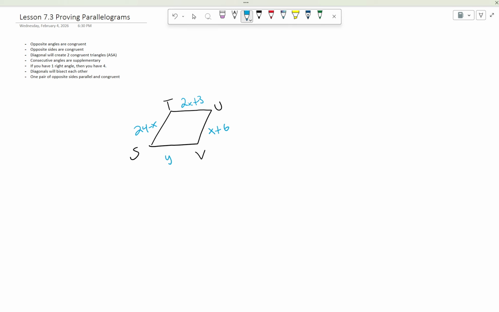The question for our example is, what are the values of x and y that make STUV a parallelogram? So what do we know? Well, we know the opposites are congruent, right?